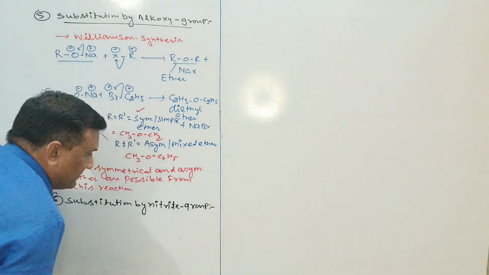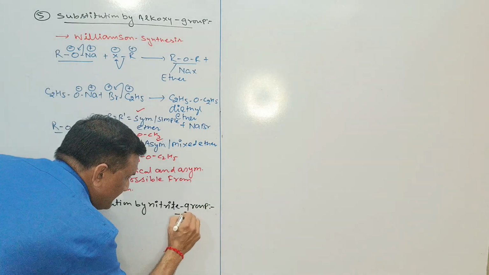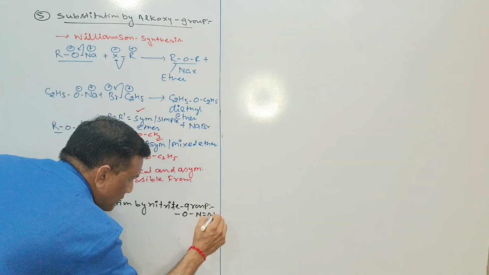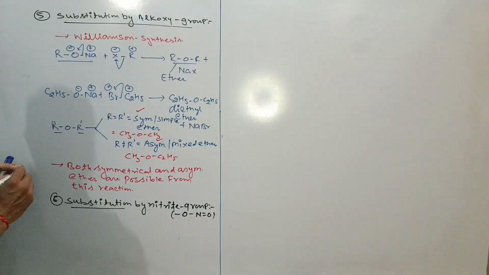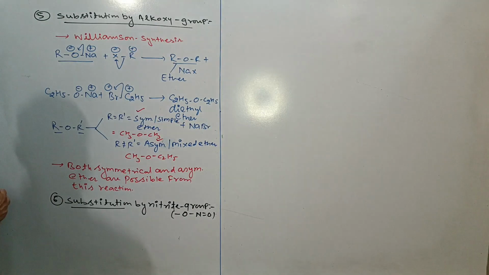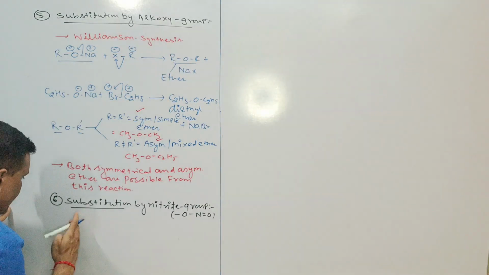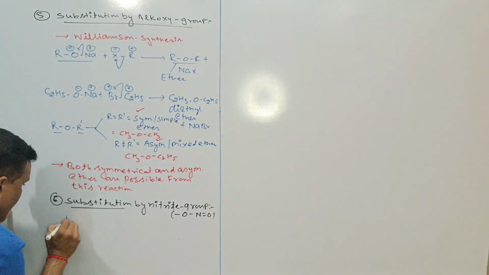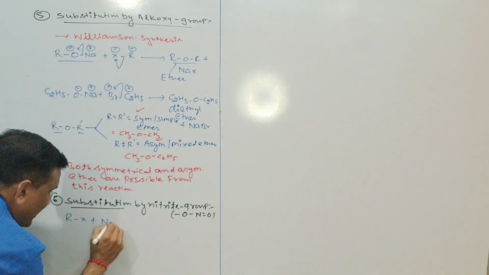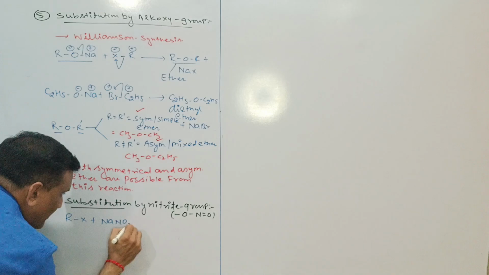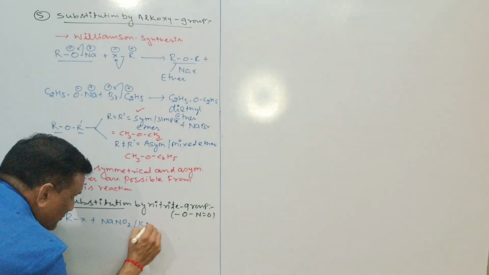As a nitrite group, we take ONO. For the formation of nitrite derivatives, we take RX, an alkyl halide. Here we'll use either NaNO2 or KNO2. Both we can use.